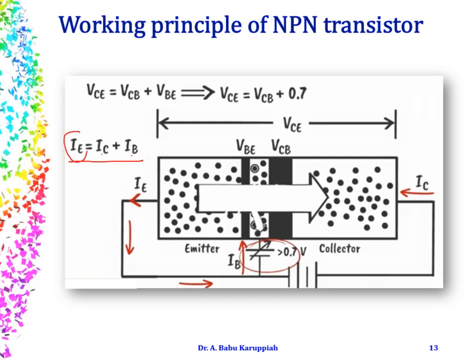The current that flows out of the terminal is equal to the sum of currents entering the terminals, so IC and IB. So this is about the current components of a bipolar junction transistor. We have just talked about the current components of a transistor from the majority carrier perspective. There are current components because of the minority carriers, and that we will take up in our later videos.